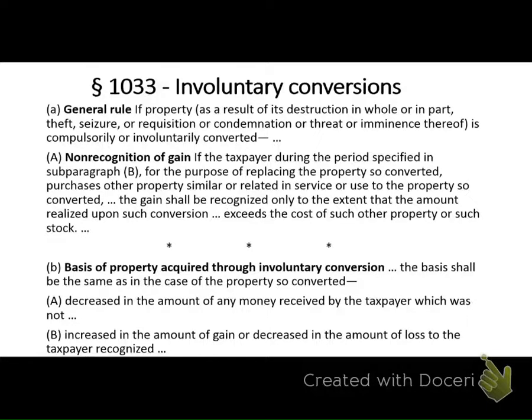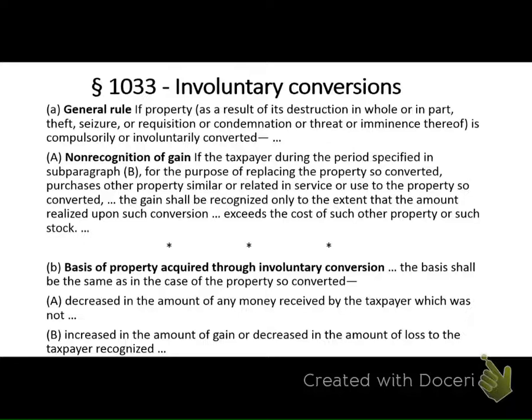I get to defer all of it. But if I buy a new property worth $480,000, I'm going to have to recognize $20,000, which means I get to add that, like anything I'm recognizing, that becomes more investment into the property. So I recognize that $20,000 and I include that in my new basis as well. Alright, so that's involuntary conversions.